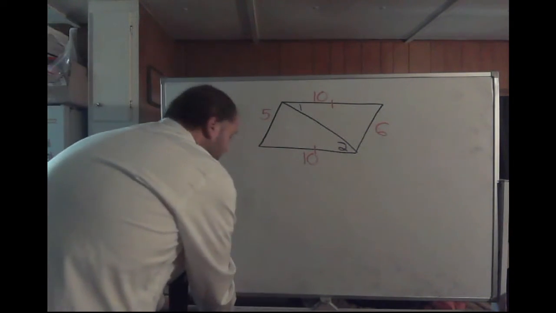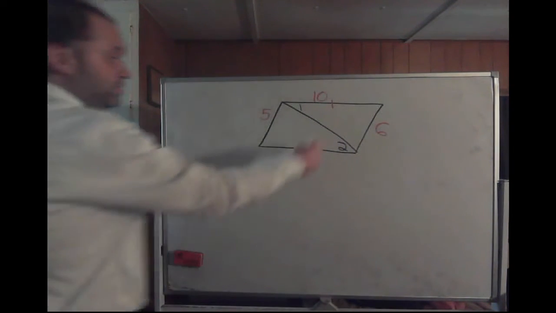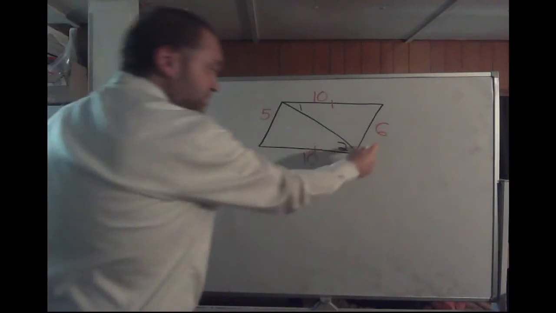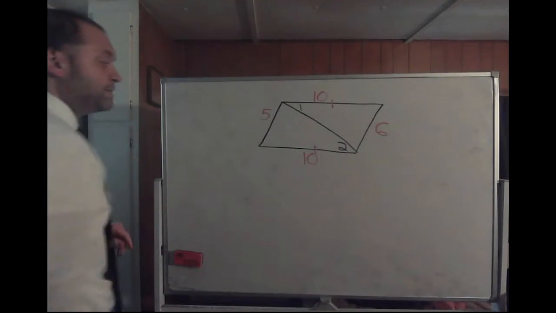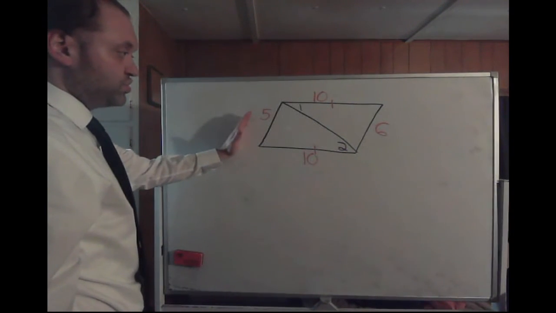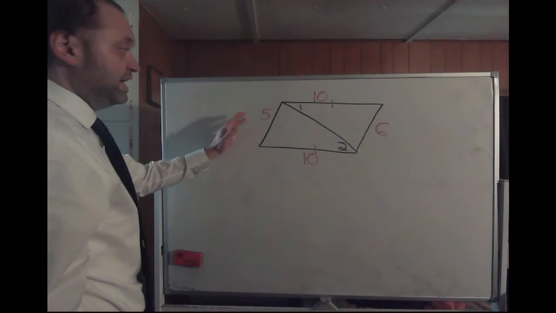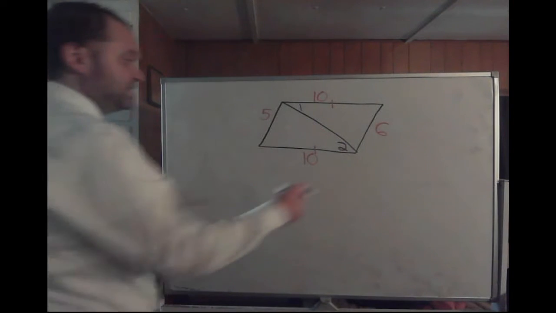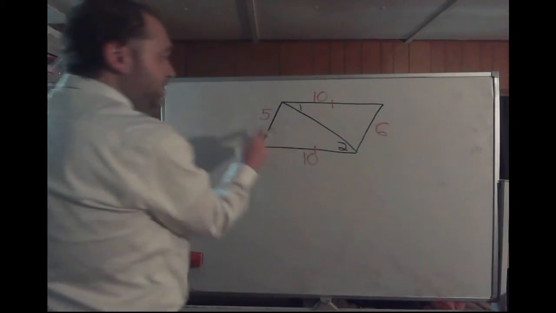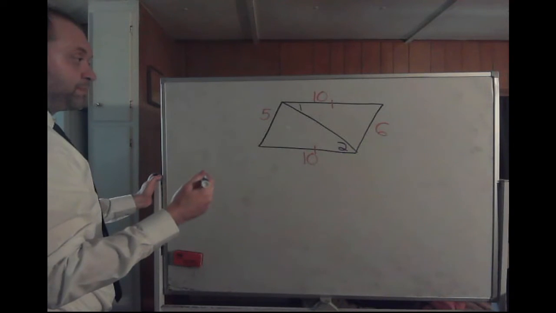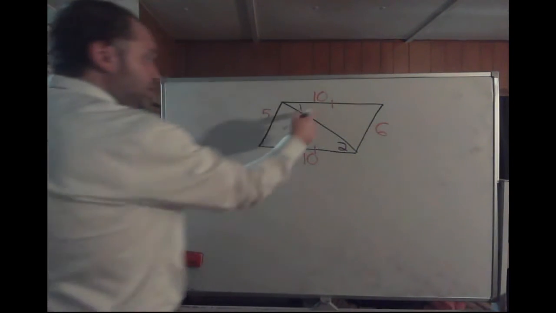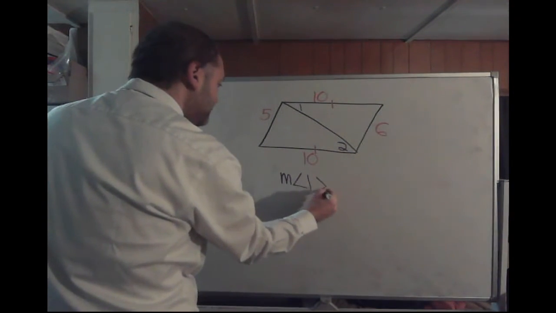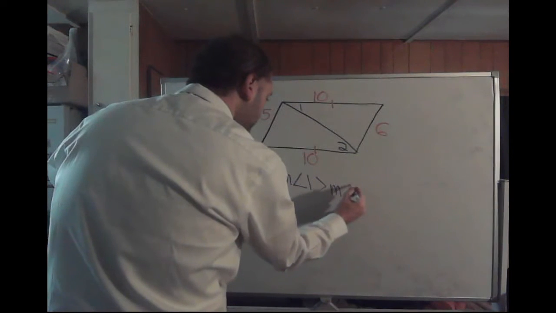But if we look at the right side here, the second triangle, we notice that the third side has a length of 6, whereas in the left side of the first triangle, we have a length of 5. So we have the third side of this triangle greater than the third side of this triangle, which can only mean that the included angle, the measure of angle 1, has to be greater than the measure of angle 2.